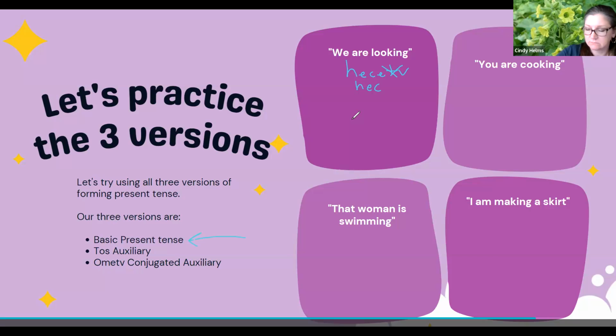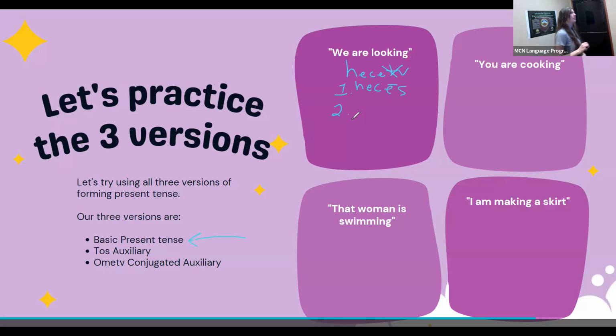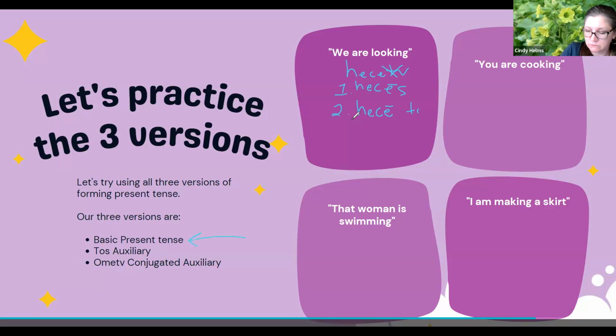Is, we, right? So our first one, hijis. Okay, for the auxiliary, we kept everything the same, except at the S we did a space and we add what? Dos. Hiji dos. Hiji dos.